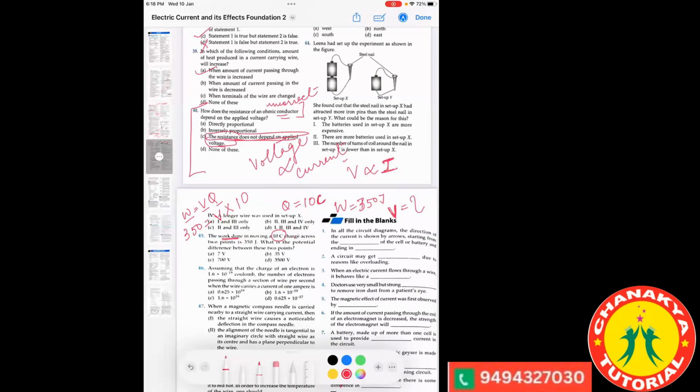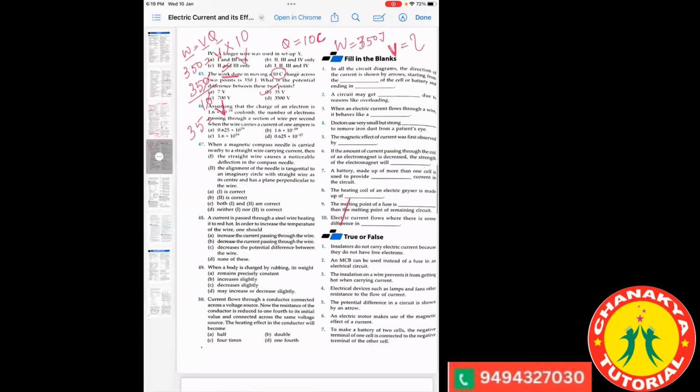Now 10 goes to the other side. So 350 divided by 10 is equal to V. Cutting the 0, 35 is the potential difference. Clear? So the answer is option B, 35. Again, I'll explain how to find this out.